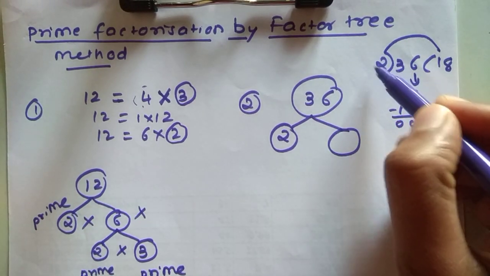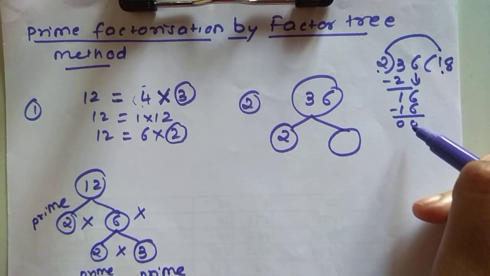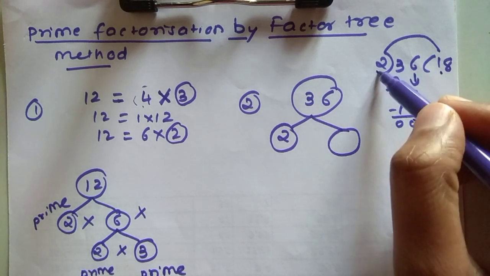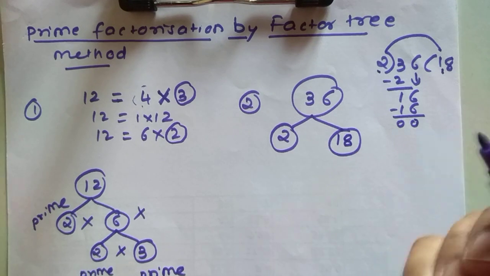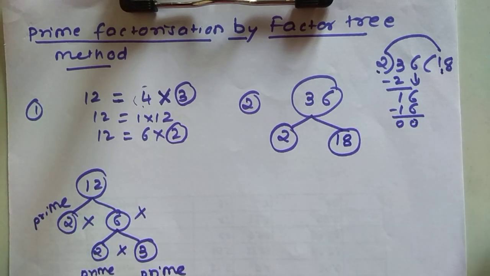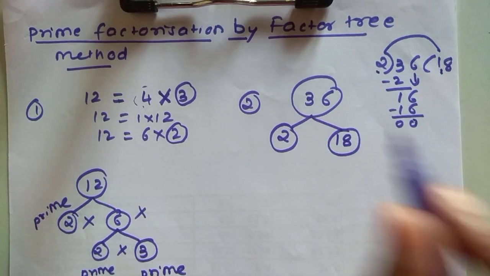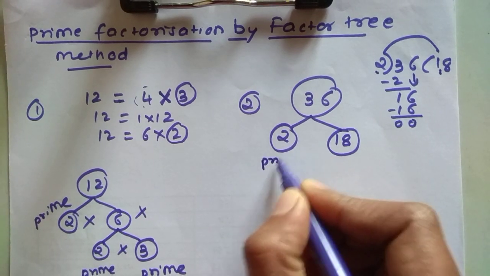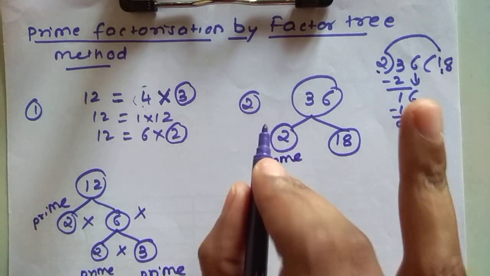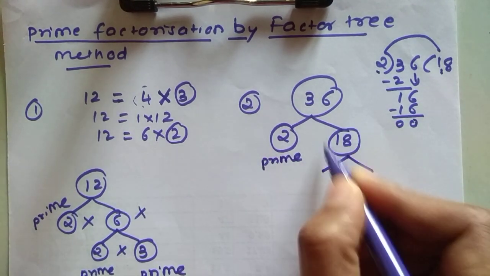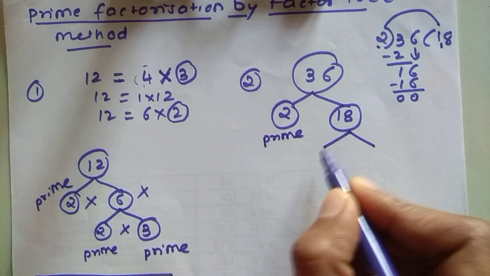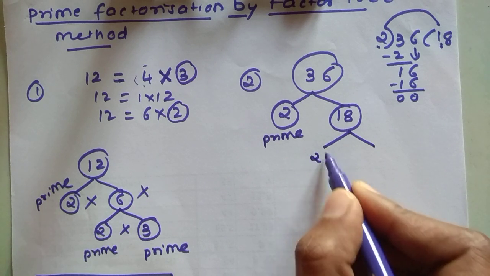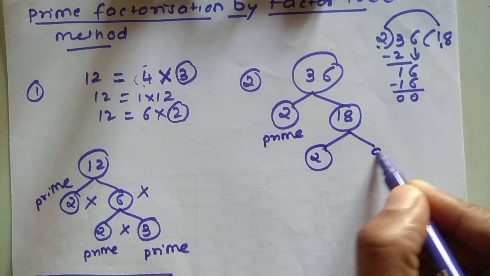Children, see this is the divisor and this is the quotient. When we get the remainder as 0, it means both are factors of 36. 2 times 18, or you can write 18 times 2, or you can take some other number, like 4 times 9. Here we got the prime number 2, so we will stop here. But we will spread this 18. 18 comes in the table of 2, so it is divisible by 2. 2 nines are 18.